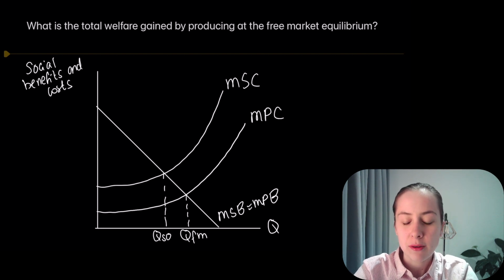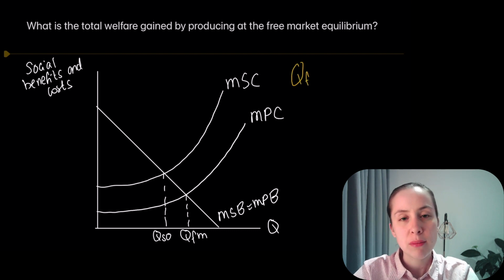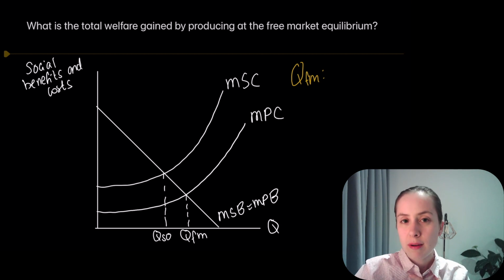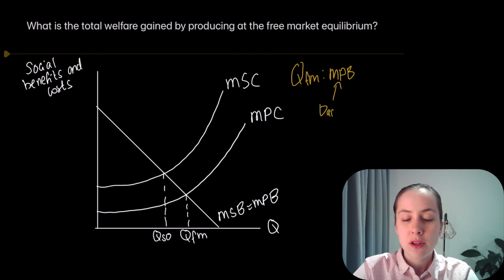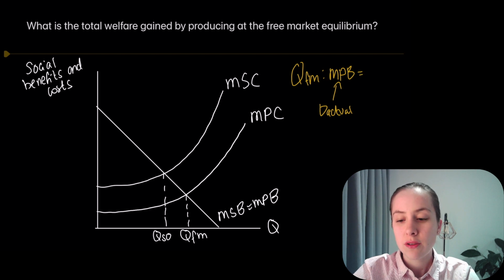So the free market equilibrium, just to recap, is a selfish equilibrium. It's where people are interested in themselves. Households demand according to how it benefits them. So we've got the MPB, that's the actual demand that happens. And then we've got suppliers that only pay the cost that they must to make the good.